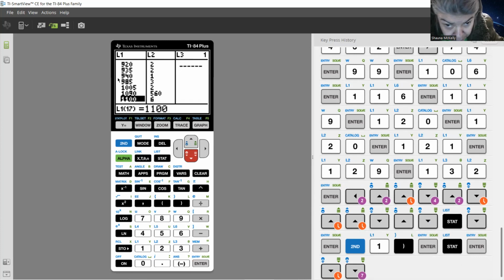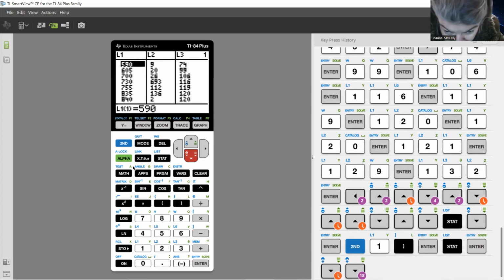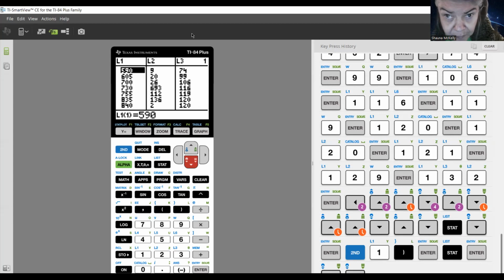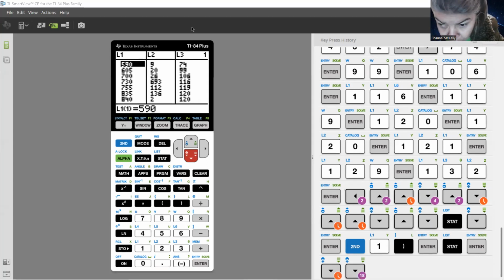Now, let's go through the measures by hand and see what we can see here. So let me bring up the whiteboard, and we'll start doing some calculation. All right.